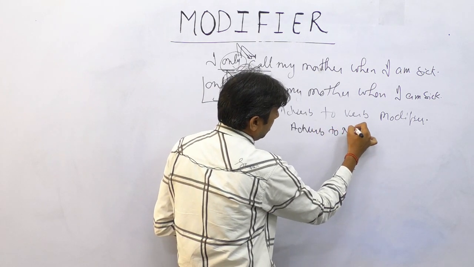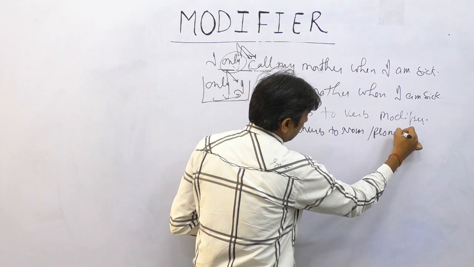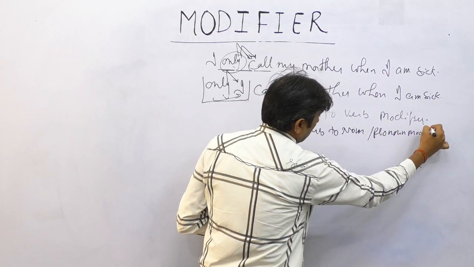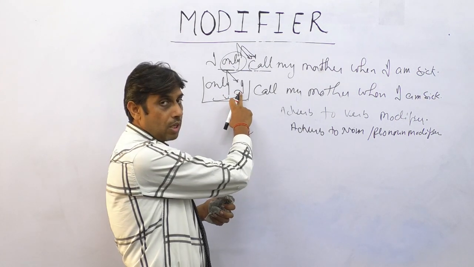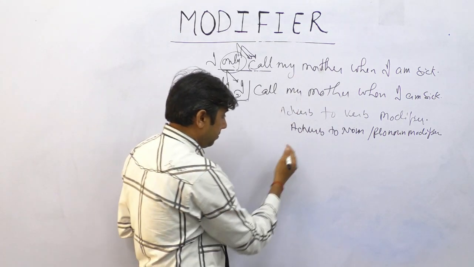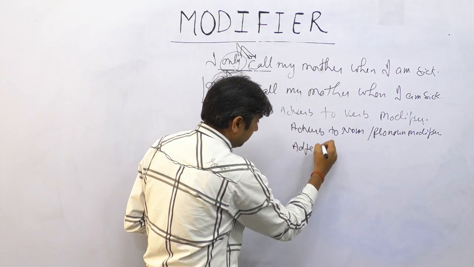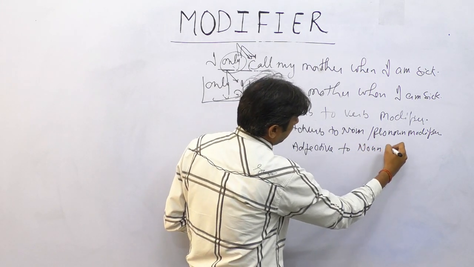Adverb to noun or pronoun modifier. So this was the example of adverb to pronoun modifier, and then adverb to noun modifier. Adjective to noun modifier.